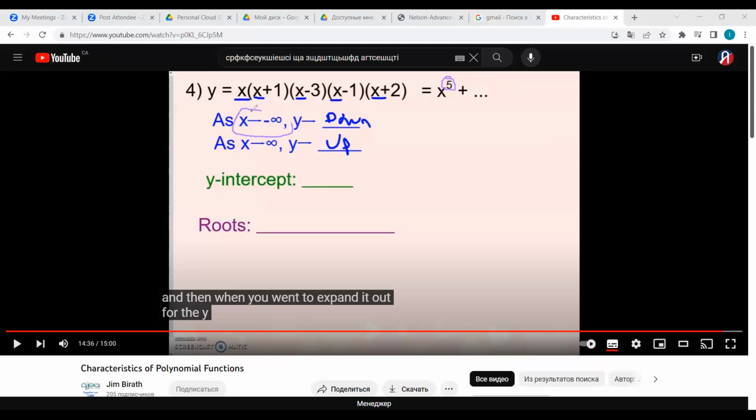When x travels to negative infinity, y would travel to negative infinity. If x travels to positive infinity, y would look upwards. And the other way around, if we have an even function, depending on the leading coefficient, both in x positive infinity and x negative infinity, y would be pointing in the same direction.